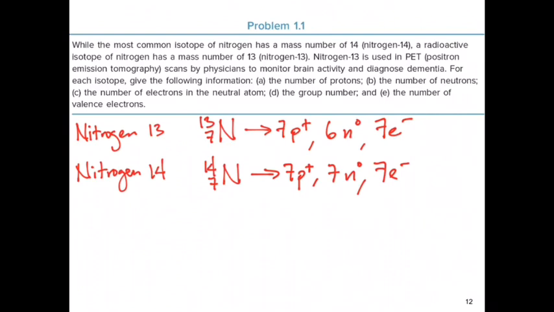All right, so that basically answers A, B, and C. And now for D, the group number. So the group number is 5 for nitrogen in the periodic table. So this is group 5A. And so for E, the number of valence electrons basically matches the group number. So 5 valence electrons.